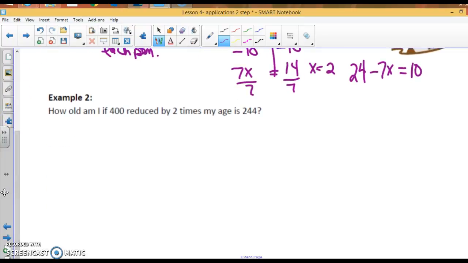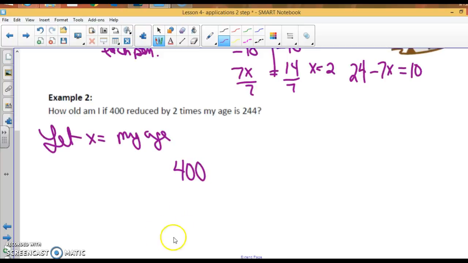How old am I? 400 reduced by 2 times my age is 244. So, let's let x equal my age. That's what I don't know. How old am I if 400 reduced by 2 times my age, so minus 2x, equals 244.